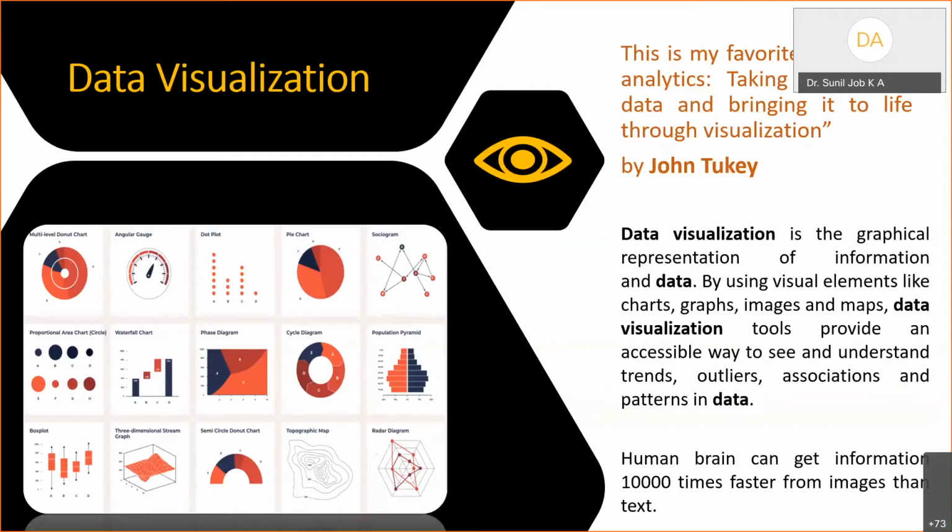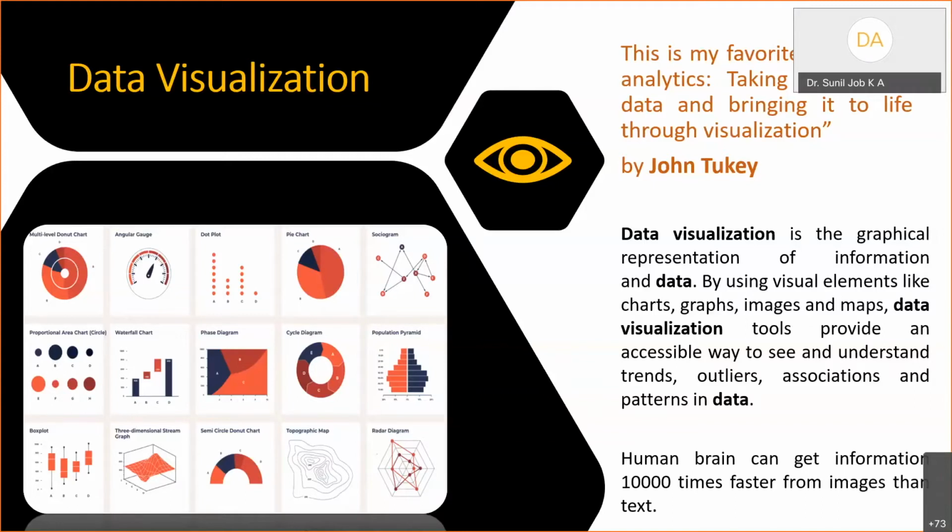And the last statement which I have mentioned here gives you some indication regarding the power of visualization. That is, the human brain can get information from images 10,000 times faster than from text. The data set as such is very irregular, very distorted, and in a symbolic and textual form.